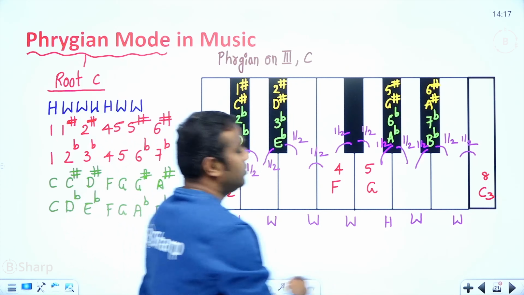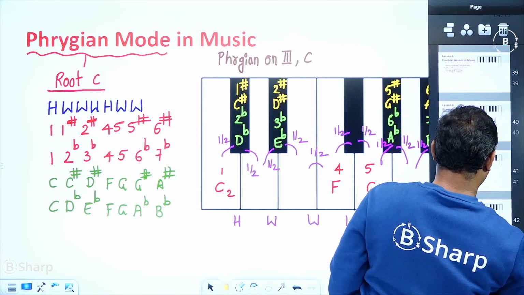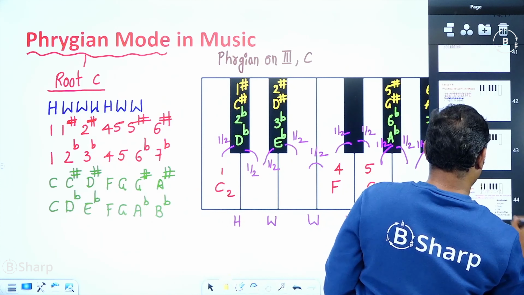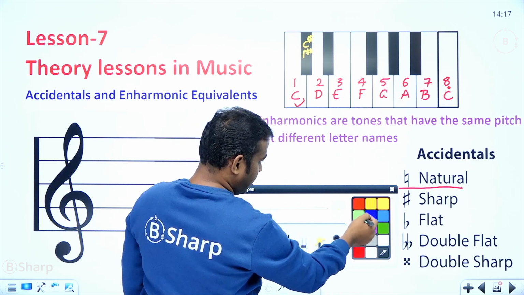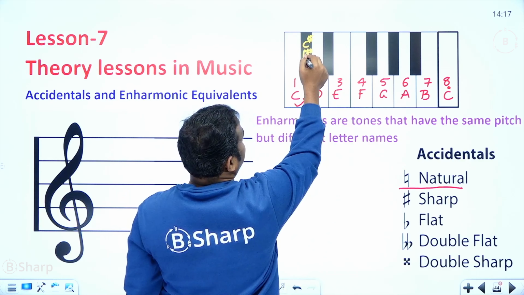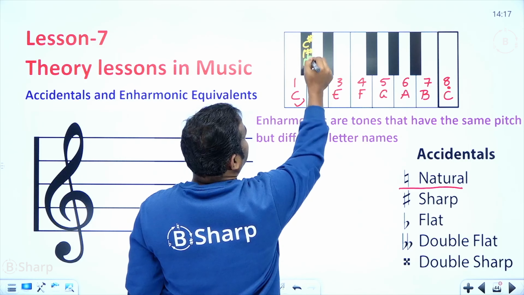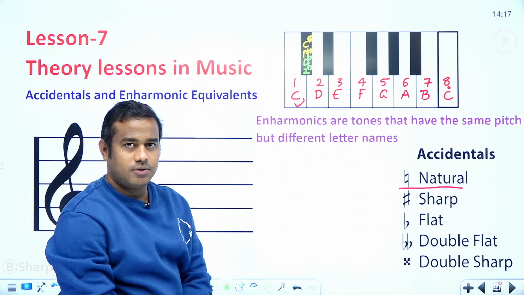Same thing here: instead of writing C sharp, I can also write 1 sharp. And instead of this representation, I can write the same black key as D flat or 2 flat. In this way also I can represent it.